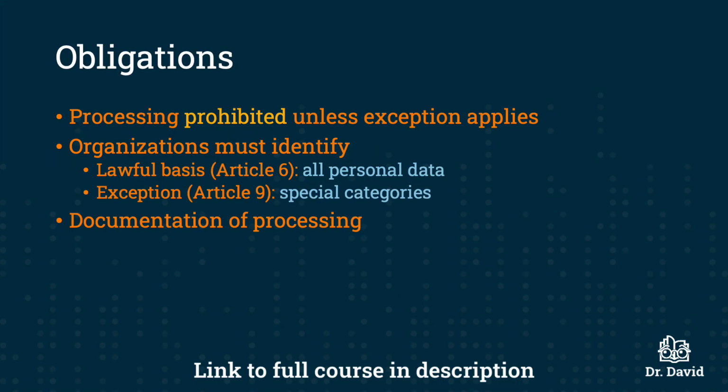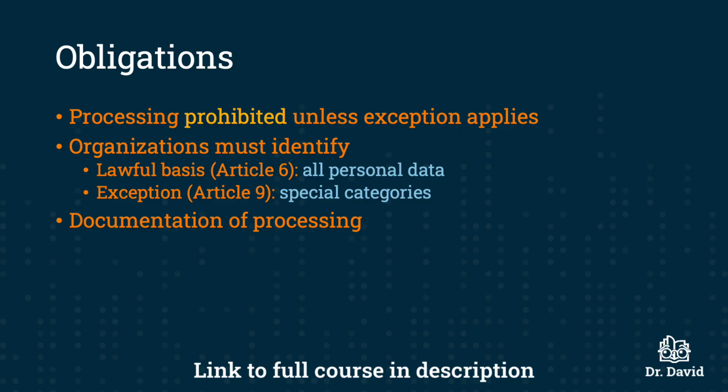So under the GDPR, what are the obligations of data controllers who are processing special categories of data? In short, processing of this data is prohibited unless an exception applies. And Article 9 of the GDPR spells out what those 10 exceptions are. All organizations that are processing personal data must identify a legal basis for that collection under Article 6.